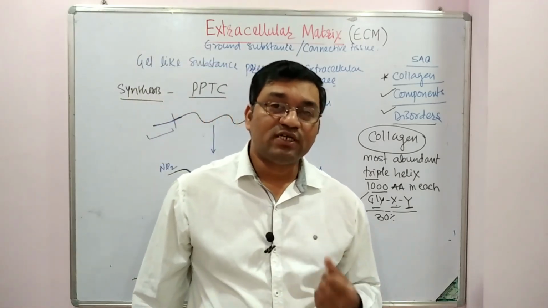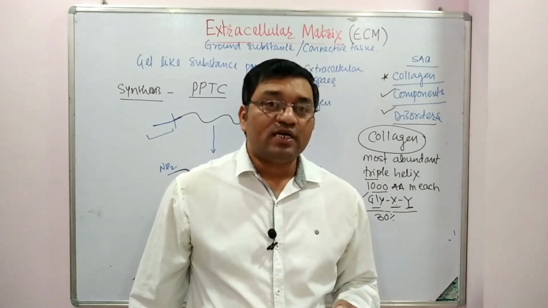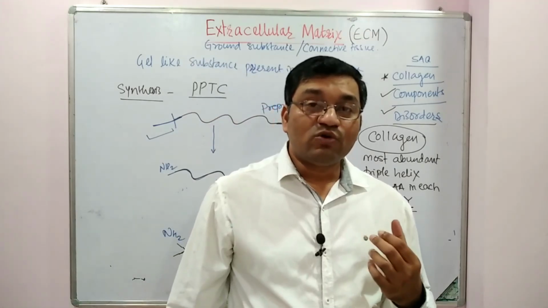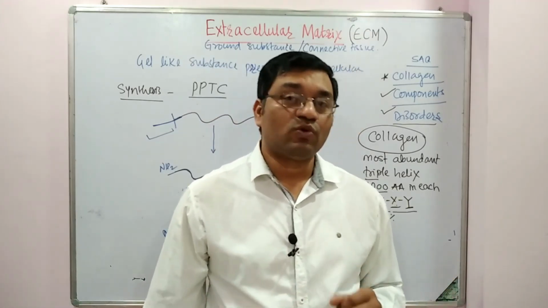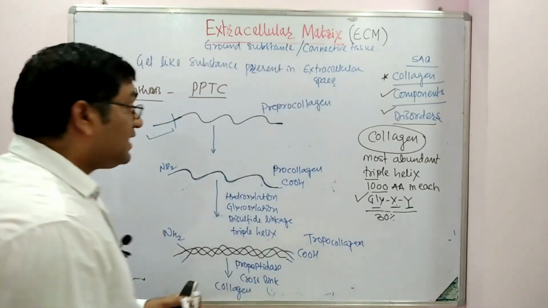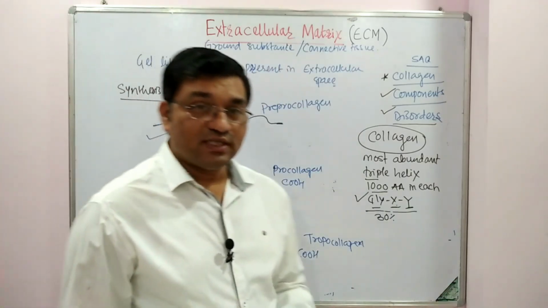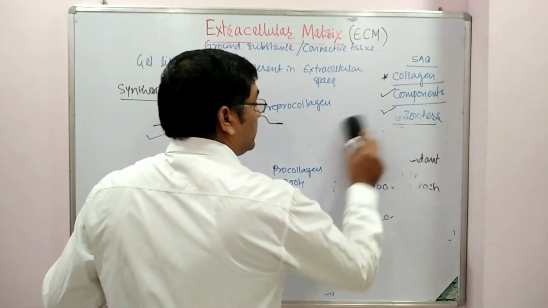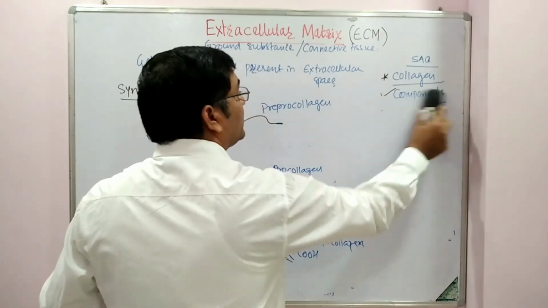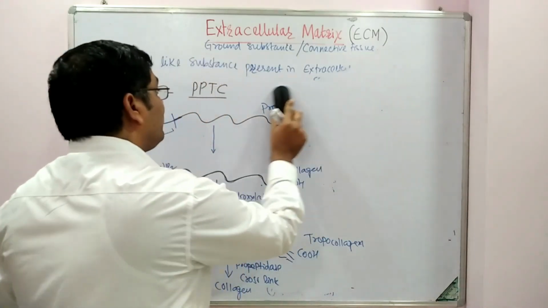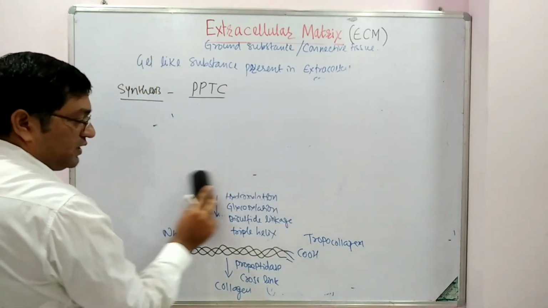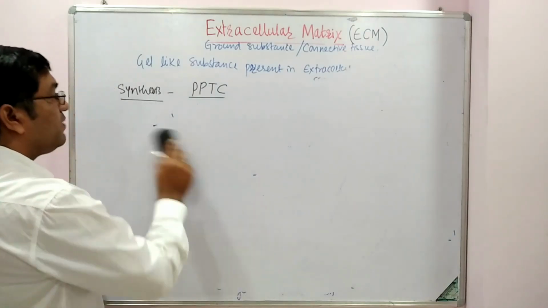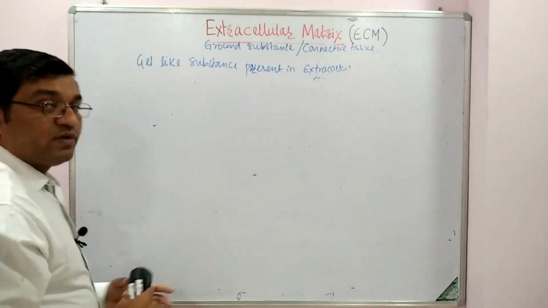It is present in various tissues, and there are about 19 different types of collagen. Of these, the first four are more common: type 1, type 2, type 3 and type 4 collagen, represented by Roman numerals.